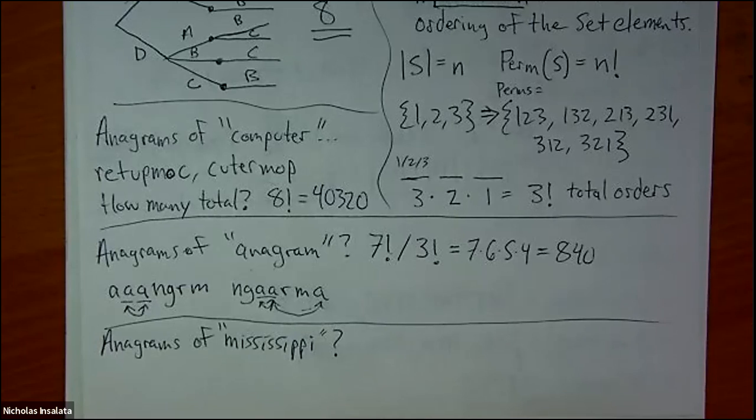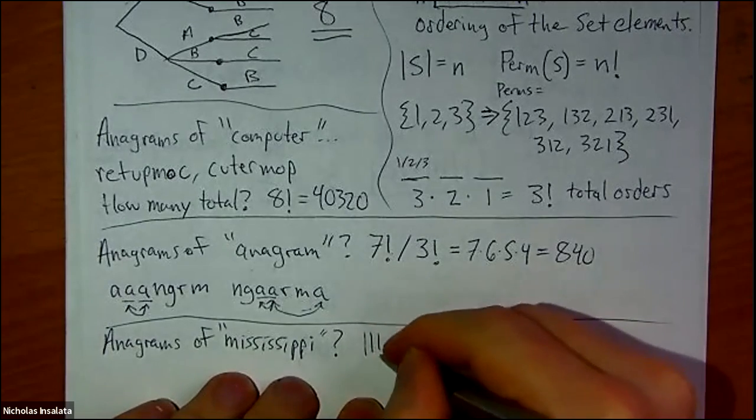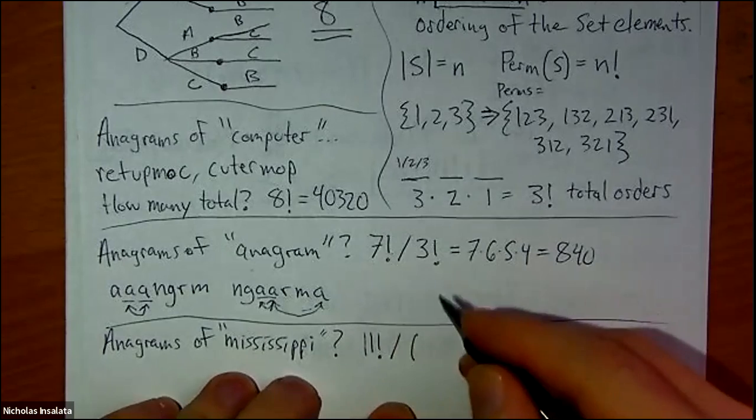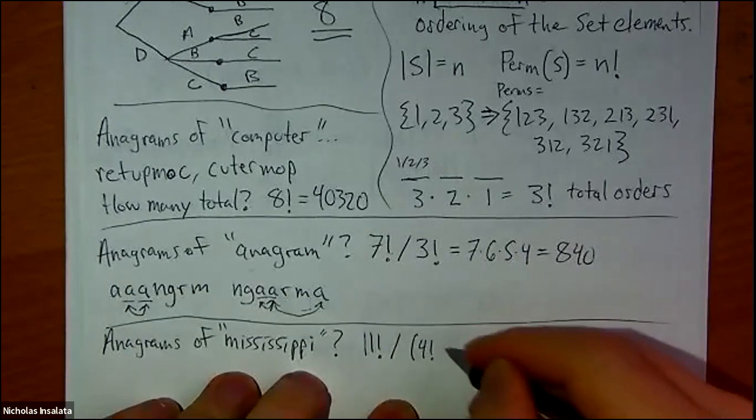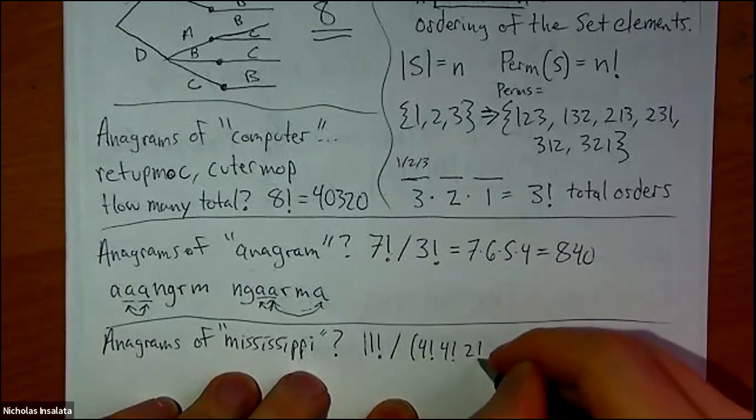So did anyone figure out how many anagrams of Mississippi there are? All right, cool. 11 factorial divided by 4 factorial times 4 factorial times 2 factorial.